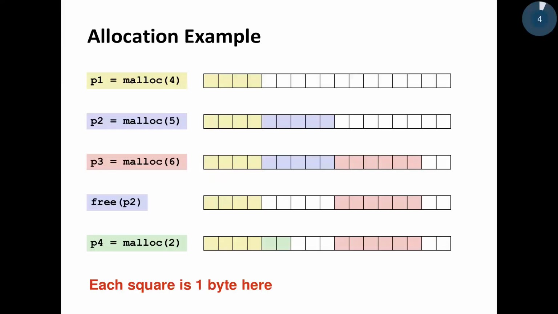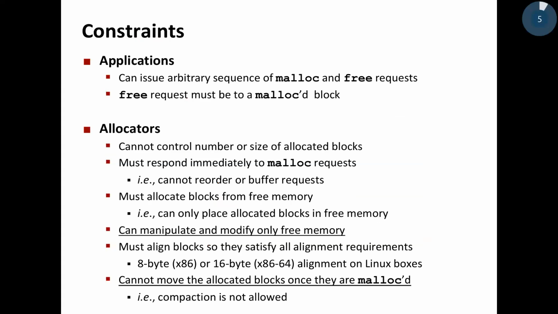So we also looked at some examples when we allocate a certain number of bytes. We also discussed certain constraints that a memory allocator should have, specifically the fact that we cannot do compaction after we allocated memory.